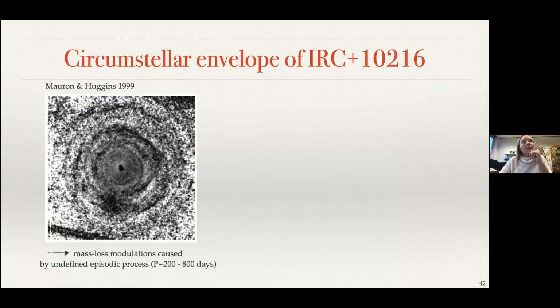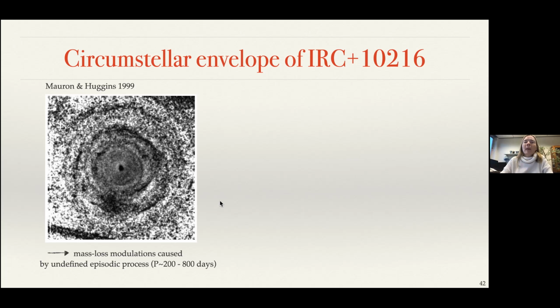1999 was also the year when the first ever multiple incomplete concentric shells were detected around the carbon star AFGL 3068, by Mauron and Huggins. But probably unaware of the results by Mastrodemos, Mauron attributed the shells to mass loss modulations with a time scale of 200 to 800 years, caused by an undefined episodic process intrinsic to the star.